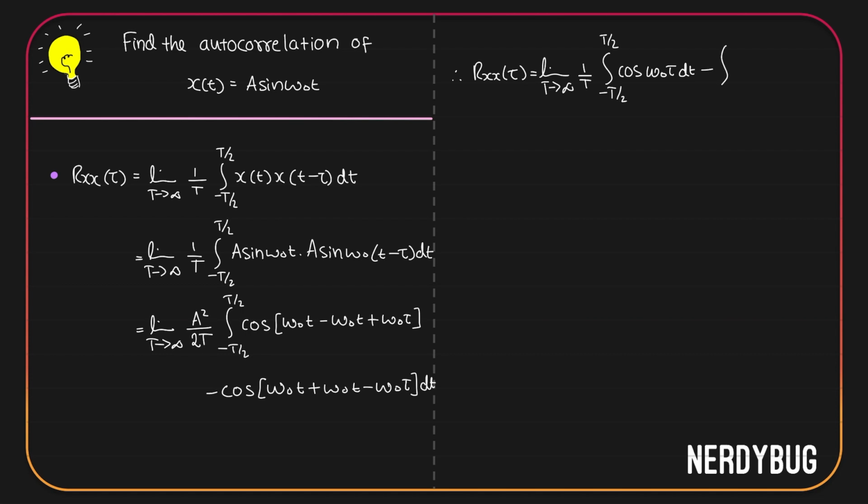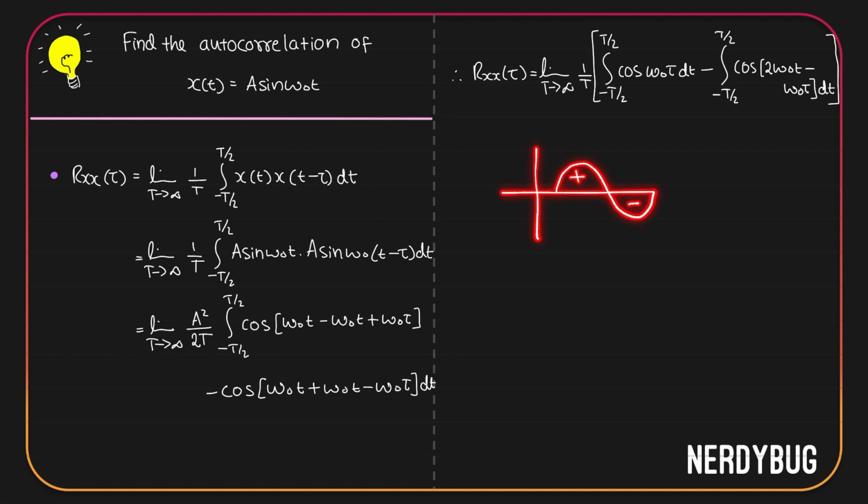So minus integral from minus t by 2 to t by 2, second term is cos of 2 omega naught t minus omega naught tau dt. Now this part is simply integrating a cos function throughout one time period, which will become 0 because a cos function throughout one time period looks like this. It has equal amount of positive and negative. If you integrate, you will get 0.